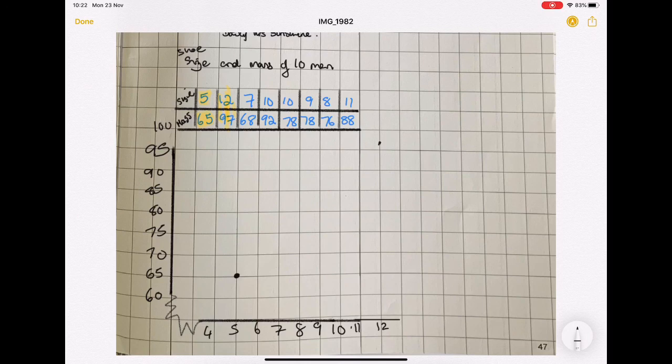So just keep plotting. 10 and 92. 9 and 78. 8 and 76, and 11 and 88.